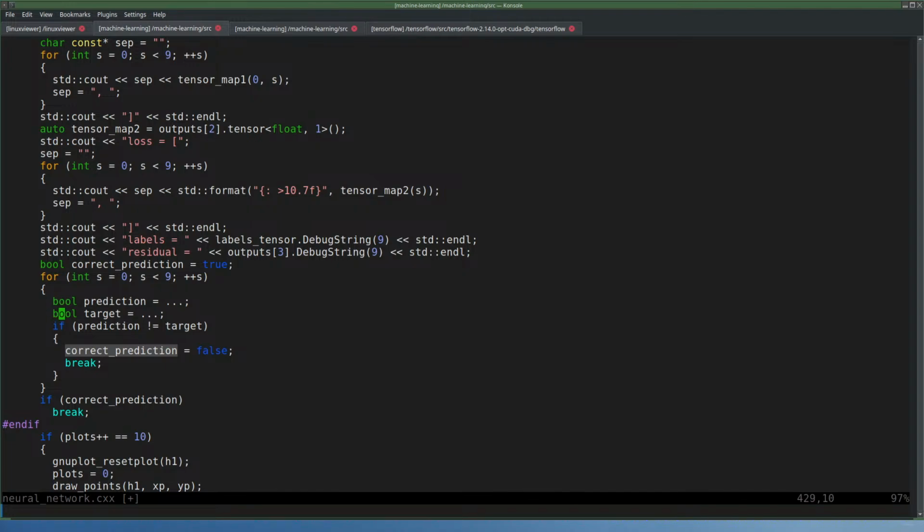The target is, well, just a label, let's say. How do I get the label? I have a labels tensor here.